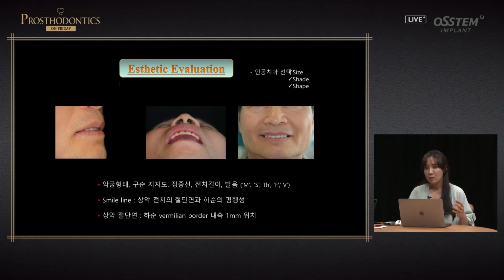However, if the patient has a lot of bone resorption and if we need to check lip support, after arranging the upper anterior teeth, we can put them in the mouth and evaluate aesthetics. At this time, we can check arch form, lip support, midline, and the overall length and speech.